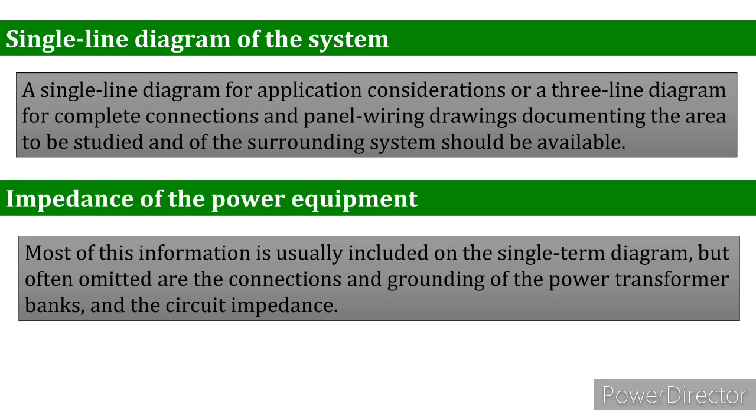So if we discuss these protection requirements briefly, for example, we have the single line diagram of the system. As I mentioned earlier, the single line diagram is important. A single line diagram for application consideration for a three phase system or panel wiring, documenting the area to be studied and the surrounding system, should be available.